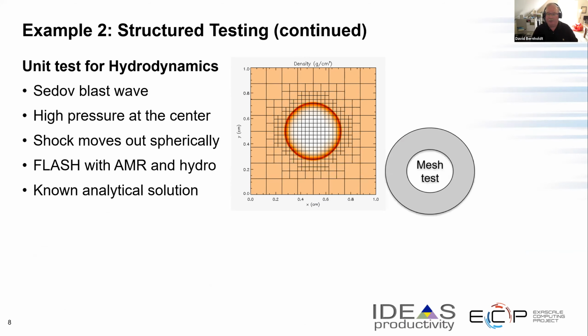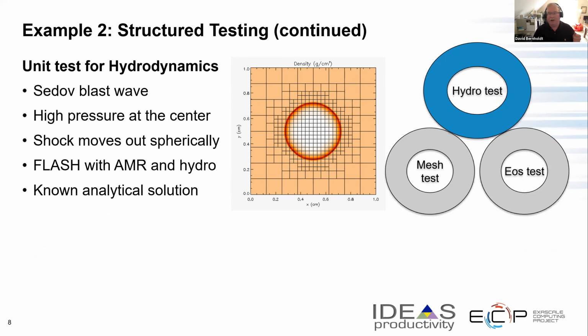And so we start out with the mesh, and we also need the equation of state, and we verify individually the mesh and the equation of state, and then we integrate those with the Hydro module. And so now we can gain confidence in the Hydro module because we've built up this scaffolding of confidence, having already tested individually the mesh and the equation of state.